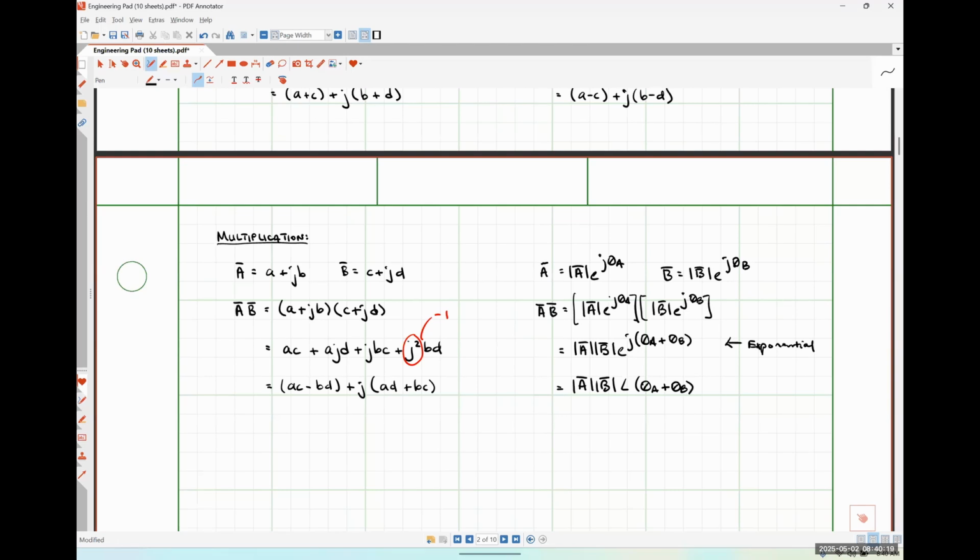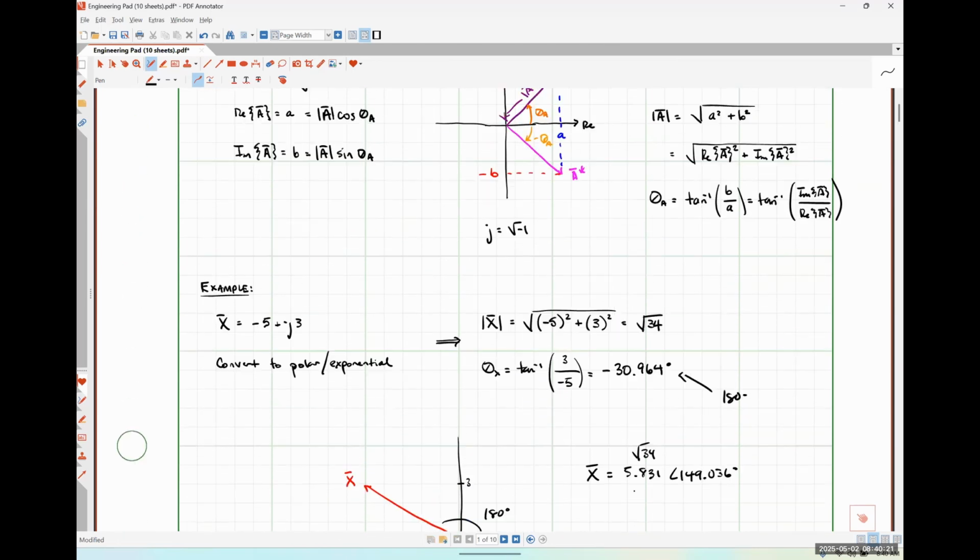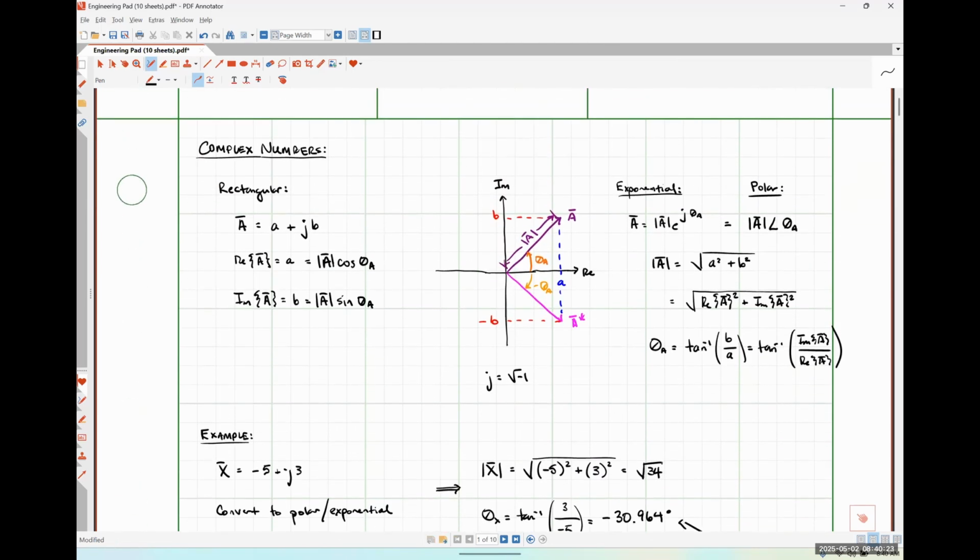Sure. So let's go back to our fundamental definition up here at the top. Our polar form complex number is literally just a shorthand notation for the exponential form complex number, where we keep the magnitude, we keep our phase angle, and we throw everything else away.